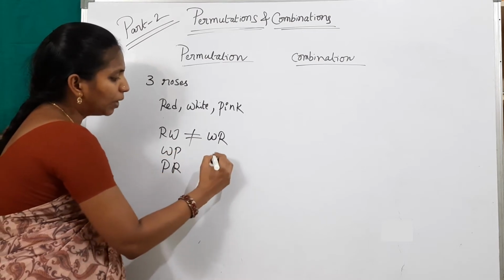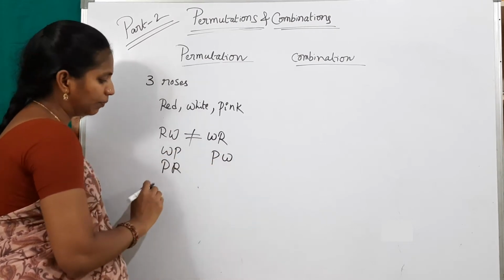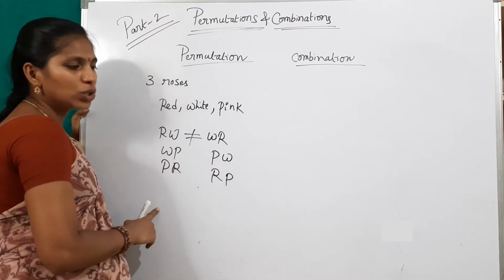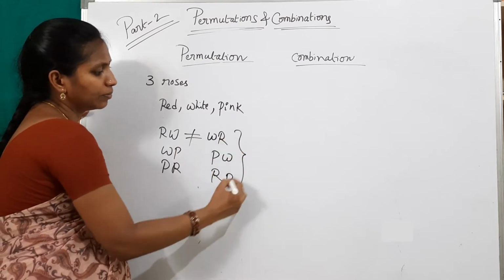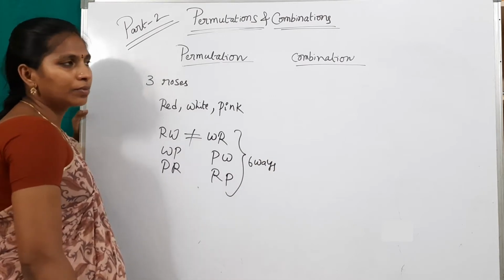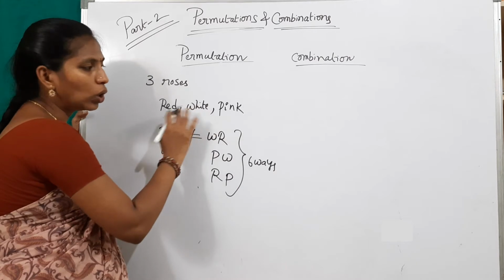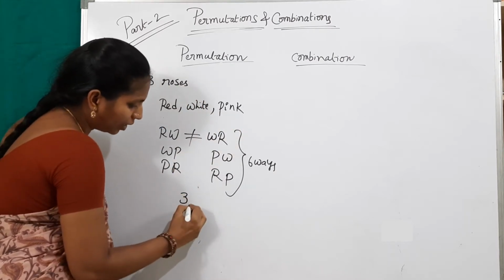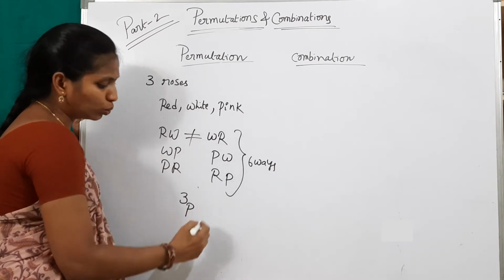So white and pink is different from pink and white, and pink and red is different from red and pink. So totally how many ways are there? 6. Total 6 ways. By using formula we can write, total how many types of roses are there? 3. 3 permutation means P, choose 2.